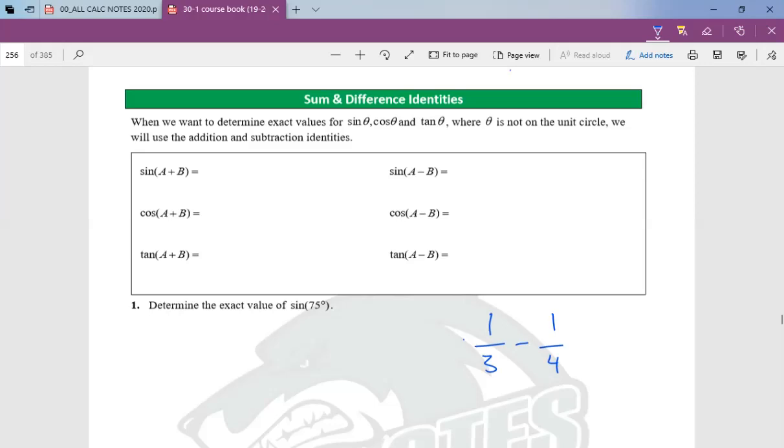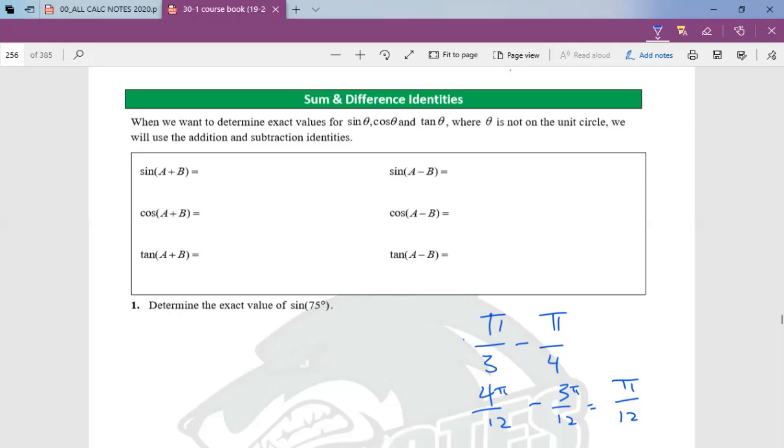So we would call this 4/12 minus 3/12, which ends up being 1/12. And so really, if we have pi over 3 minus pi over 4, this is 4 pi over 12 minus 3 pi over 12, which ends up being 1 pi over 12.